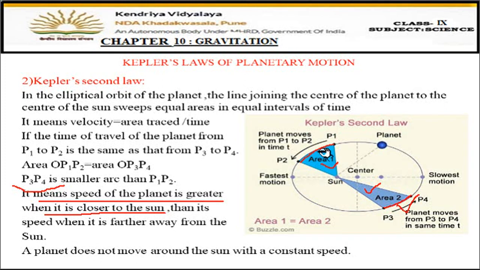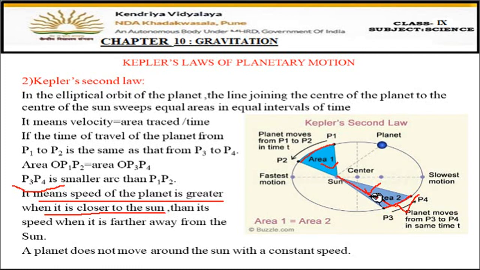You can see this area number 1. On this side, the distance between the planet and the sun is less, and here the distance of the planet from the sun is more. So the speed of the planet is greater when it is closer to the sun. When the planet is close to the sun, it moves faster and covers this much arc.